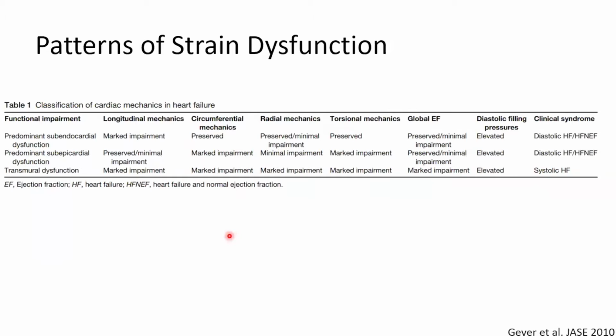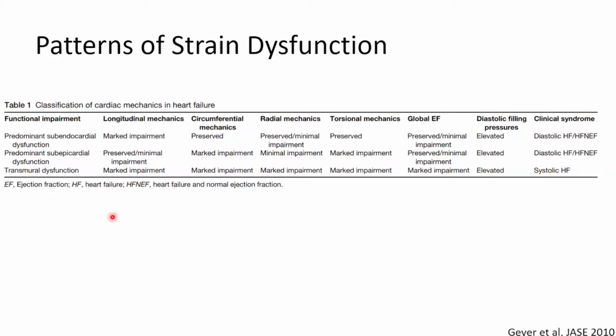So one of the major benefits of strain is that we can actually look at dysfunction from a layer-specific perspective, although technically how that can be done is challenging. But we can see that if you have a myocardial disease affecting certain components of those myocyte layers, you can actually affect different parts of LV mechanics.